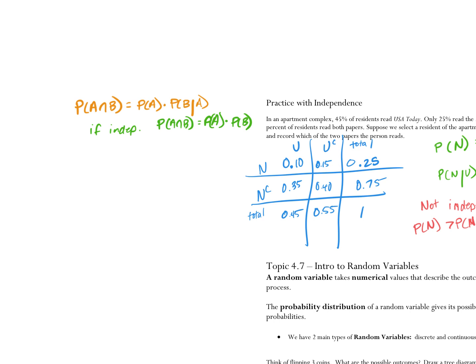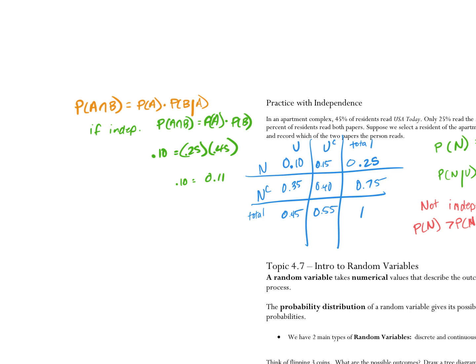And the reason I'm pointing this out is using this rule would be a lot easier on this particular problem, because we could say, well, we know the probability of A and B was 0.10. We were given the probability of A was 0.25. The probability of B is 0.45. And if I multiply those out, I get like 11 and some change.